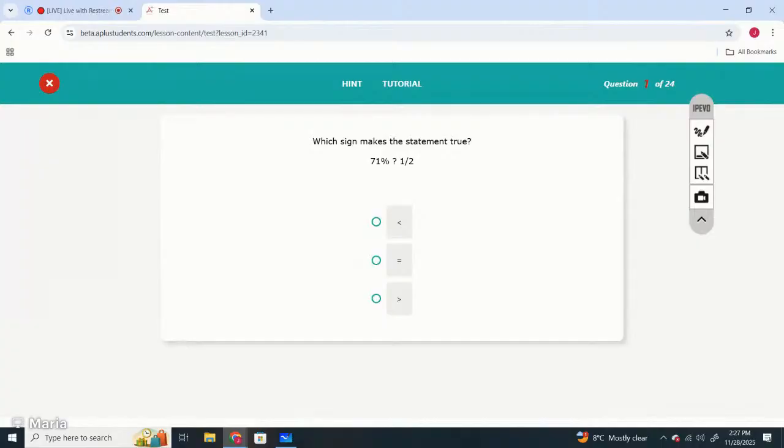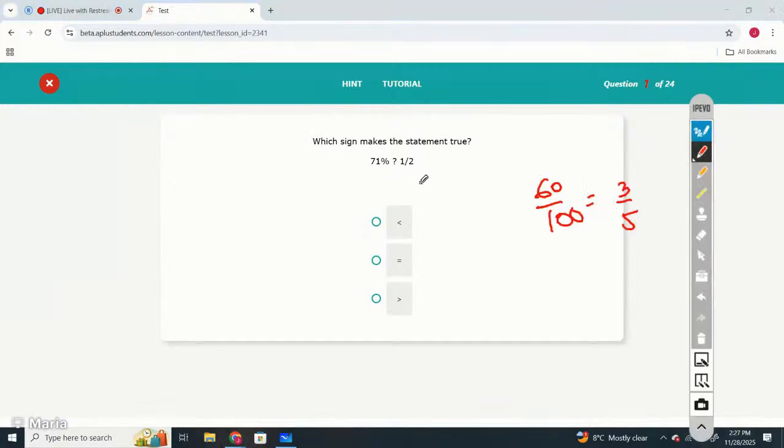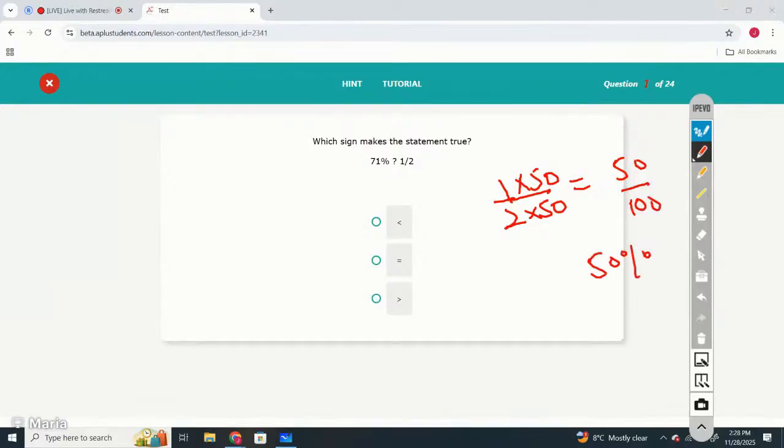Which sign makes the statement true? 71% and one half. So we need to compare them, right? But when we are comparing, they must be in the same form. So we need to convert 1 by 2 to percentage form. We need to make the denominator equal to 100, so that is 50 over 100. That is 50%.